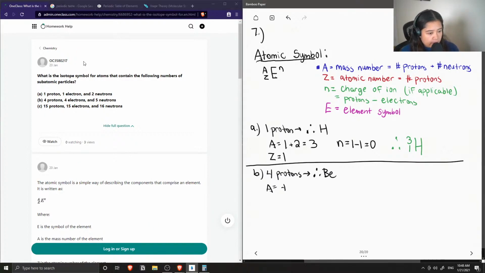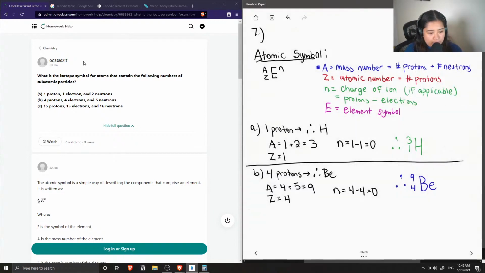So 4 plus 5 is equal to 9. And for the atomic number, Z is just equal to the number of protons, which is 4. And if we were to calculate the charge again, 4 minus 4 is 0, so we have another neutral atom. So therefore, it is 9, 4, and then beryllium.